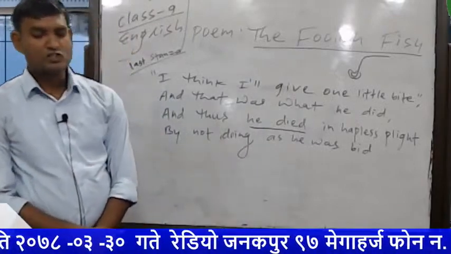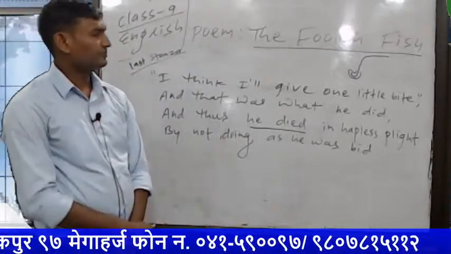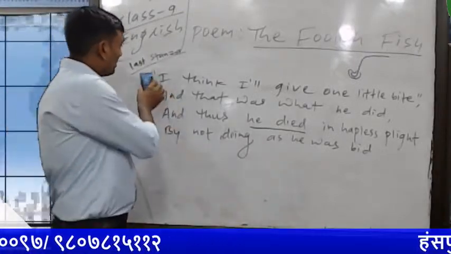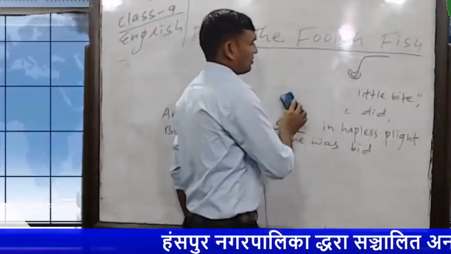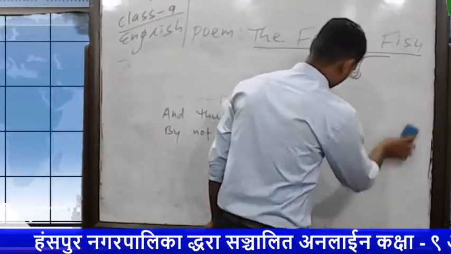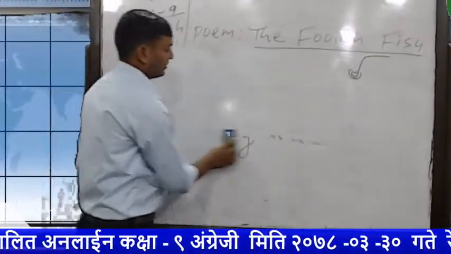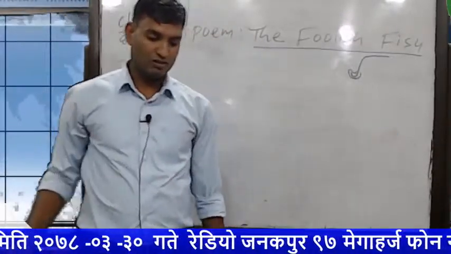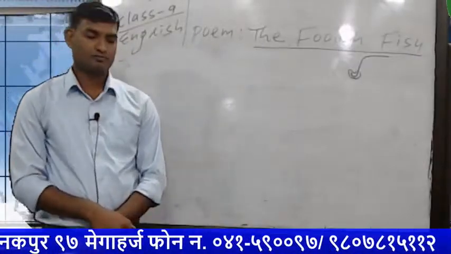In this poem, a hungry baby fish saw a worm. A hungry baby fish means a baby fish or little fish or son fish, and he was very hungry. He saw a worm and asked his mother to get it for him.